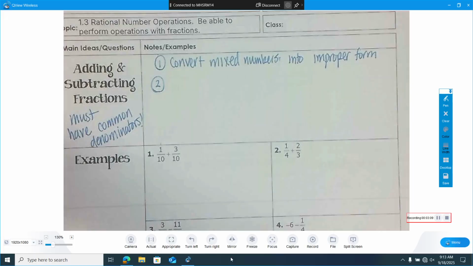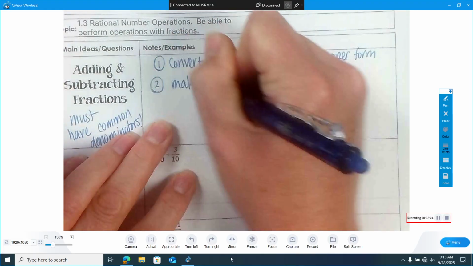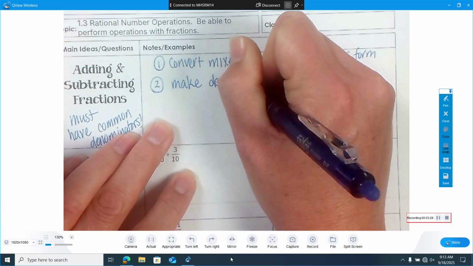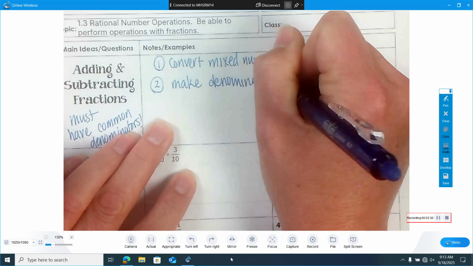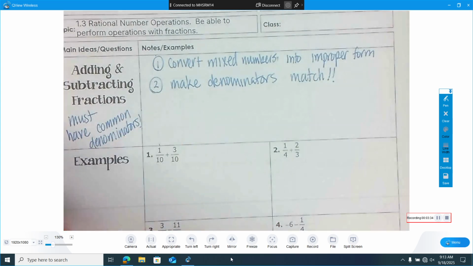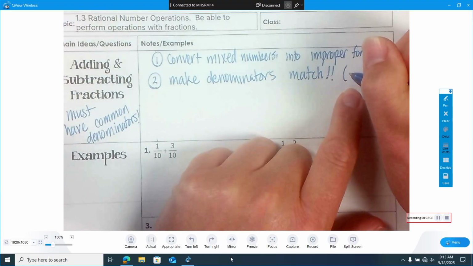Once they're both in improper form, the denominators are different. What do we need to do? Make the denominators match, yes, somehow by multiplying. And maybe if you're unsure how to do that, you can use your calculator.